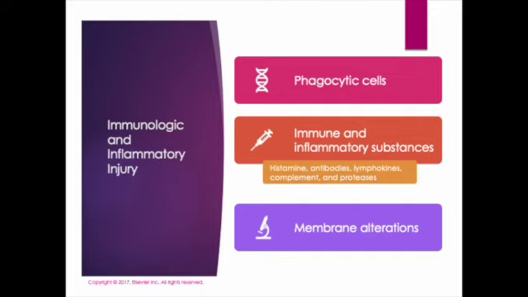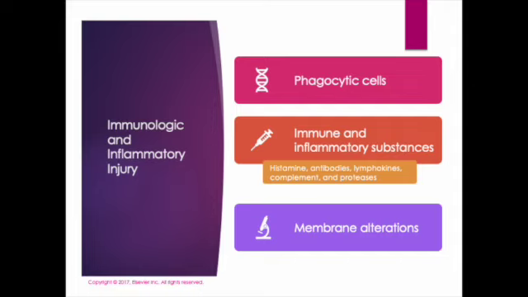In terms of immunologic and inflammatory injury, it's important to note the role of phagocytes. Phagocytes are cells that protect the body by ingesting harmful foreign particles, bacteria, and dead or even dying cells.